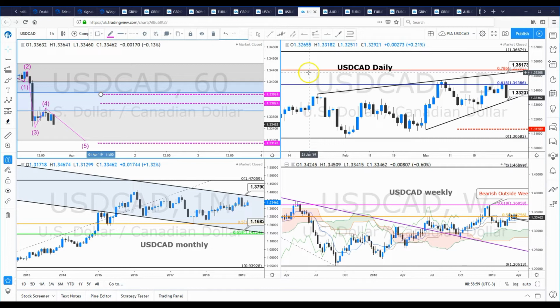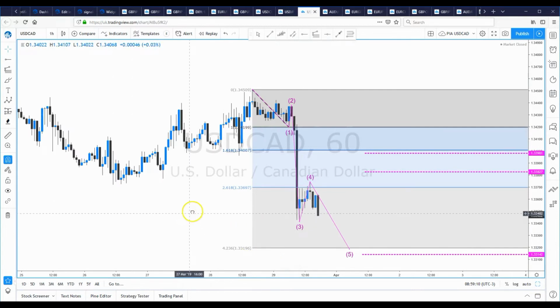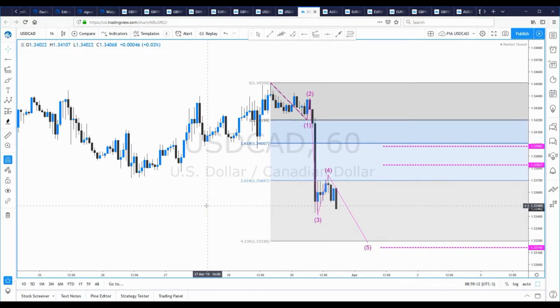And again, dollar CAD, I think it's a very favourable currency pair going into next week for trying to pay dollar shorts, but not immediately. Okay, this is that sharp impulse move to the downside. Commodity currencies often will play out to the 423.6% extension level.